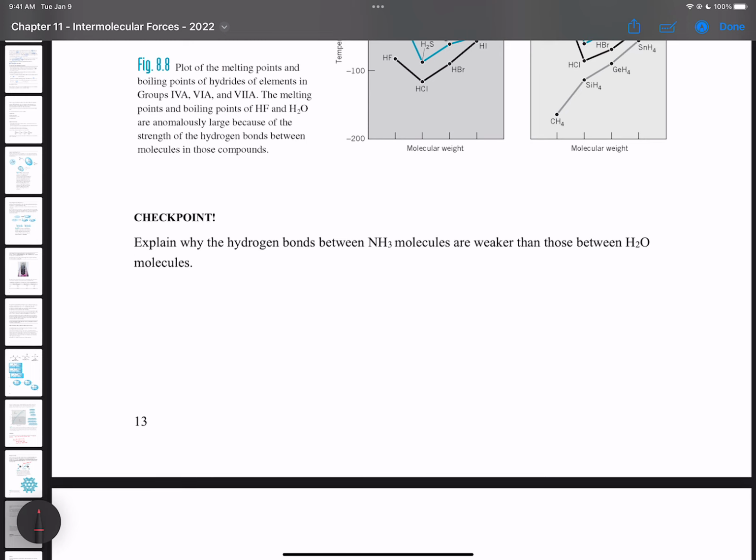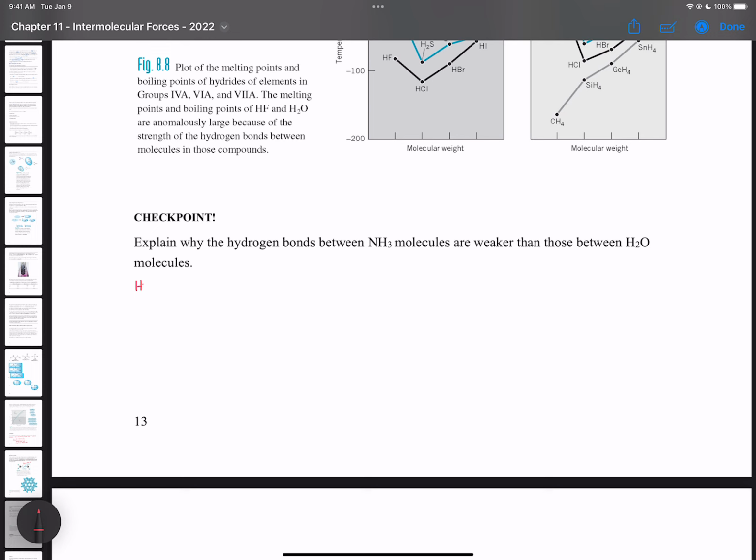So let's explain why the hydrogen bonds between ammonia molecules are weaker than those between H2O molecules. Let me bring up something here. In this question, we want to think about the electronegativity of oxygen versus nitrogen.